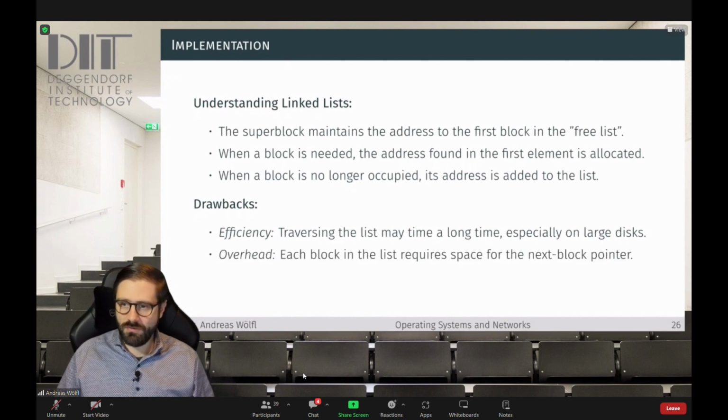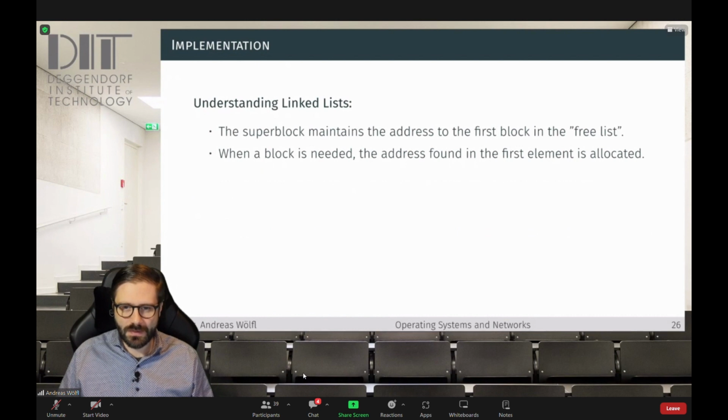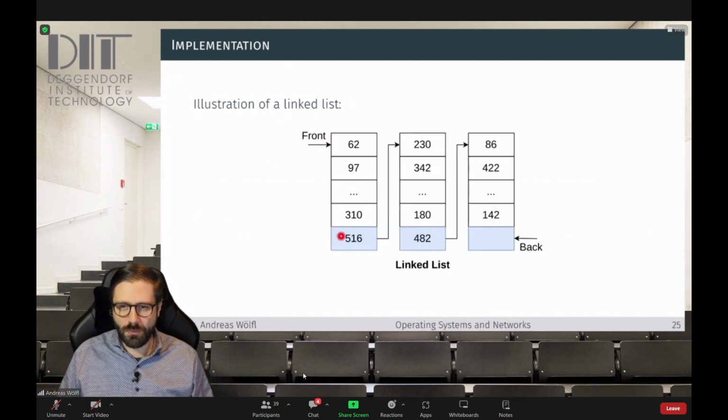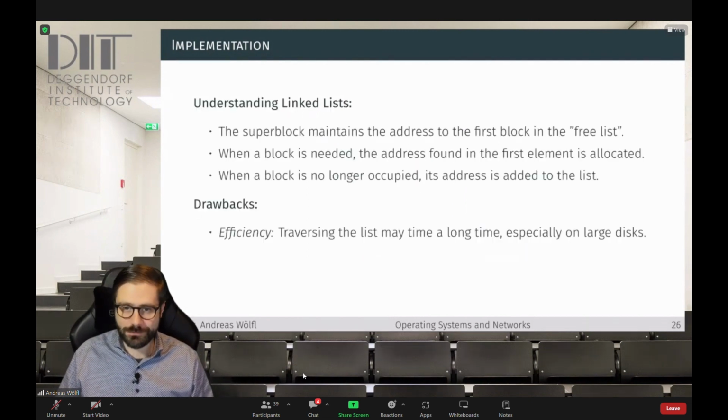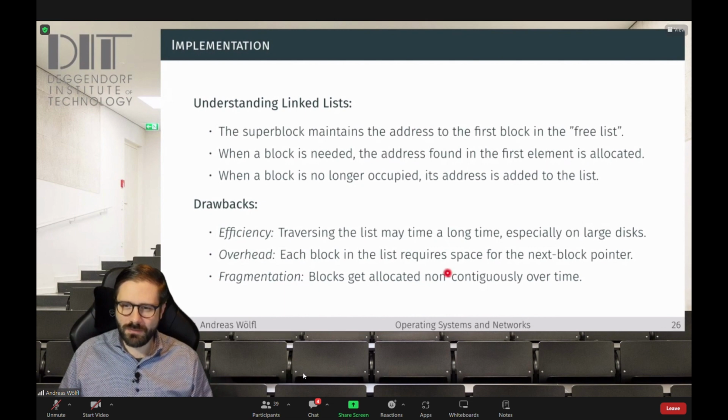In addition, there's an overhead because each block in the list requires space for the next block pointer. It's not much, but it's still an overhead. Like this blue box here, this requires space, obviously. So the pointer for the next block, the next chain in our list, is an overhead. And we have fragmentation.